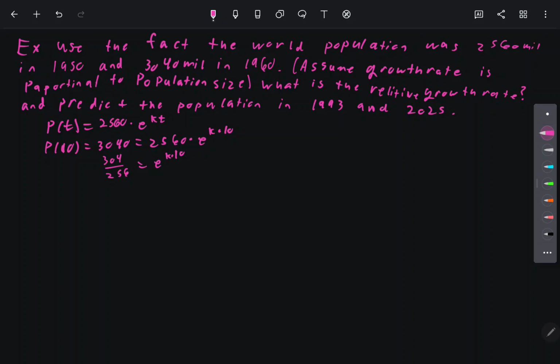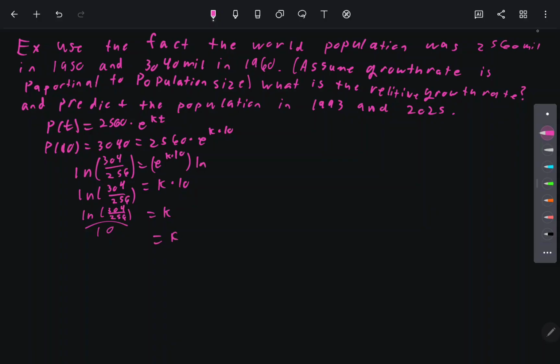Then what we can do is take the natural log of both sides. Sorry, this is kind of strange notation, but I use it a lot. So we get k times 10 is really just the natural log of 304 over 256. Now to find our k, all we have to do is divide both sides by 10. So we get the natural log of 304 over 256 divided by 10, and that's our k.